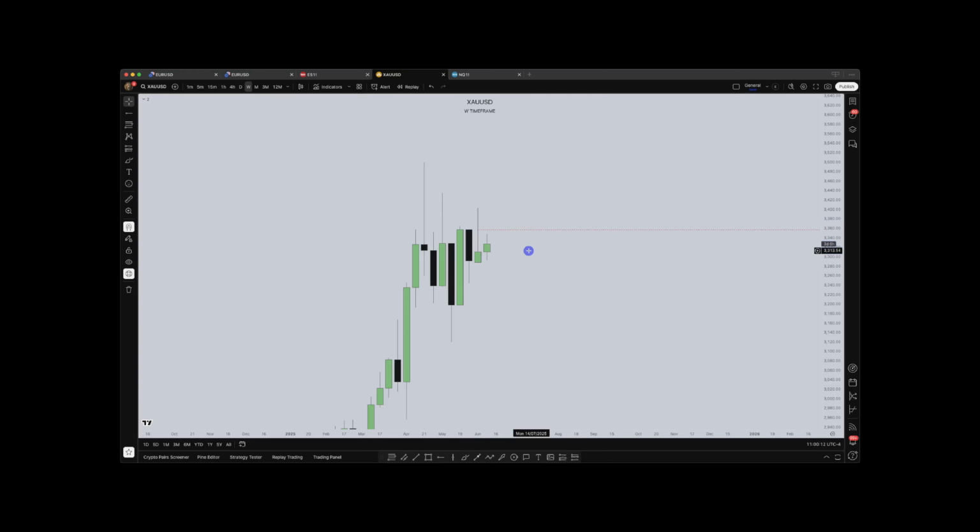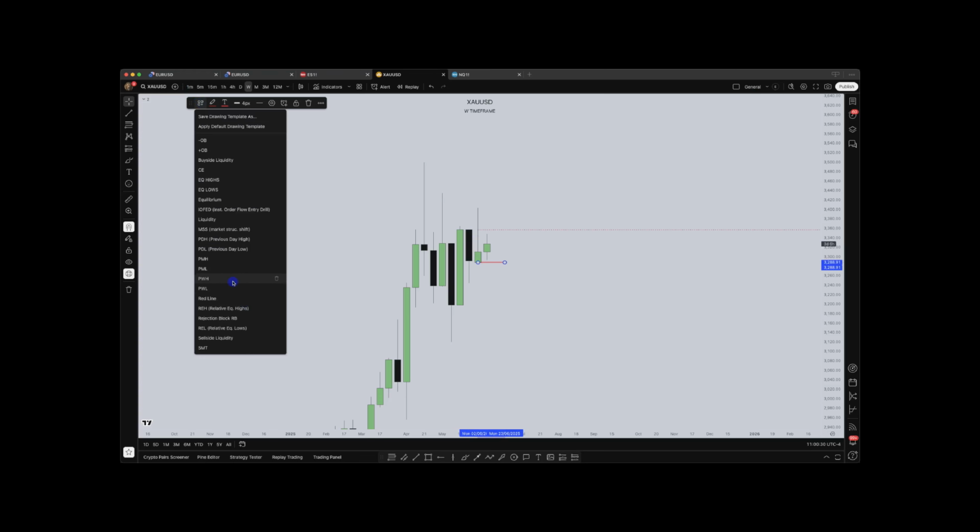Okay, this is annotated, I leave it like this. We have this long wick, and I also like to annotate on my charts previous week low and previous week high.